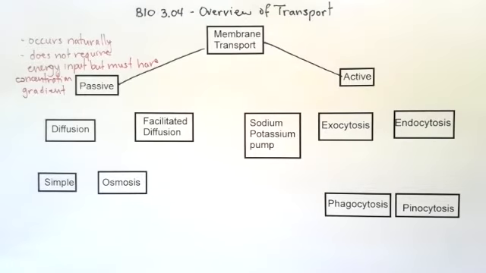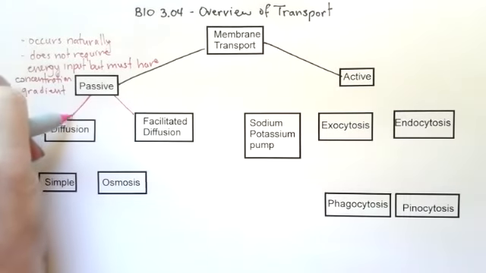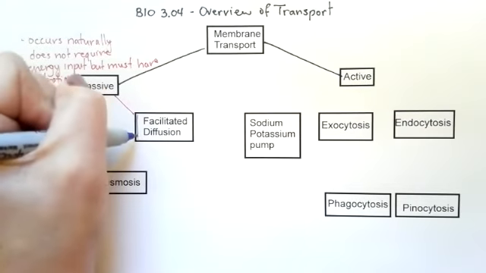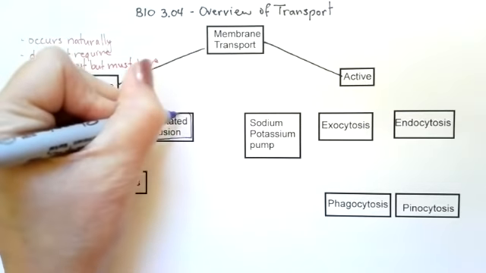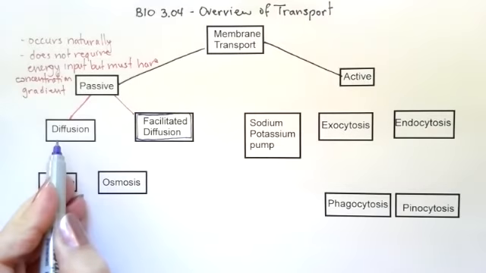We have two categories of passive transport. We have facilitated diffusion and we have diffusion. So let's talk about facilitated diffusion first, and I'll put a little blue. And we'll come over here to diffusion. The difference is, we talked about diffusion. Diffusion is going to happen, and it's going to happen directly across the membrane.